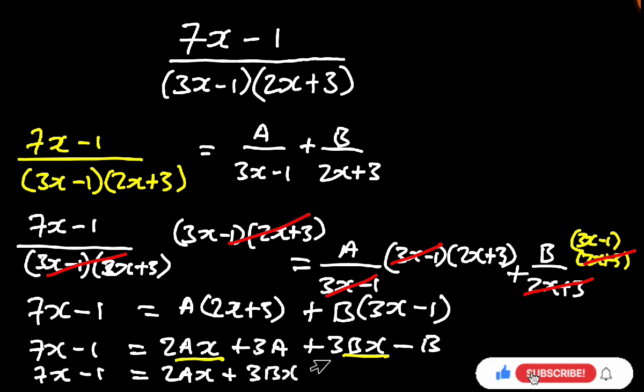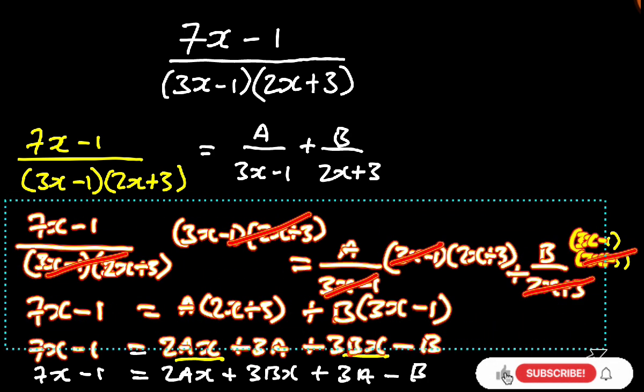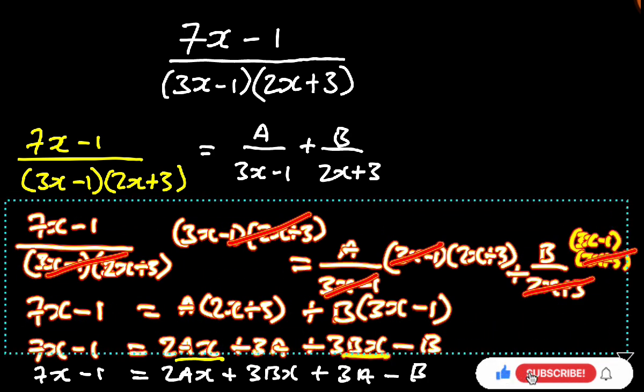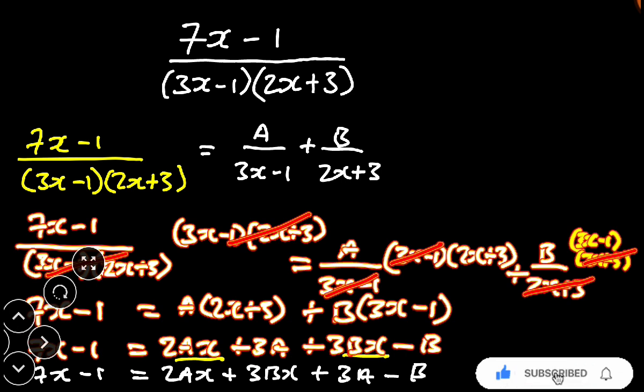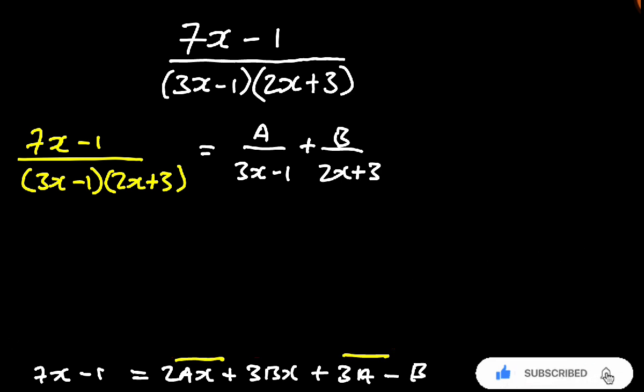Now let's write the remaining ones: plus 3A minus B. So we have 7x - 1 equals, now let's factor out x because it is common.